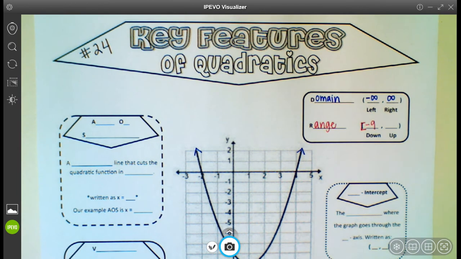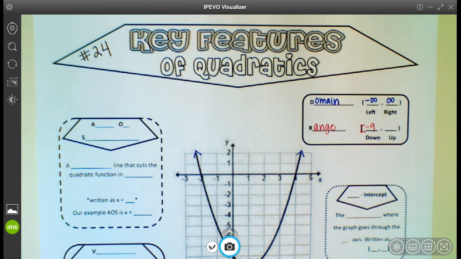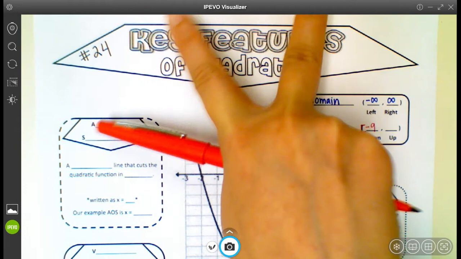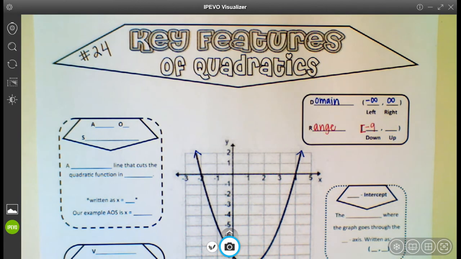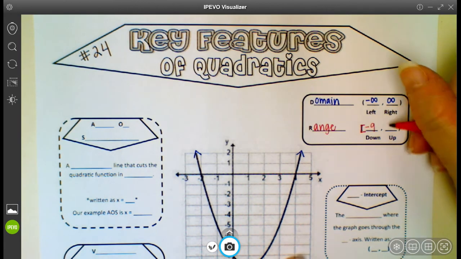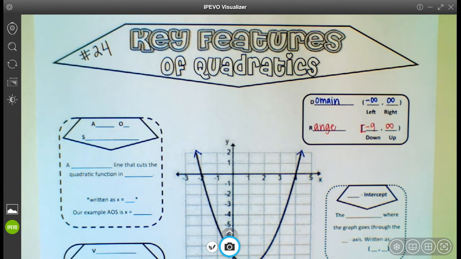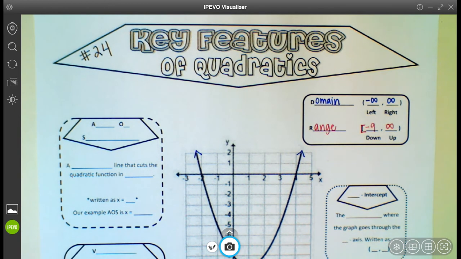It is my lowest point on my graph. And how far up does the U continue to go? The U keeps going and going infinitely up, towards the positive numbers, as I keep getting bigger and bigger.